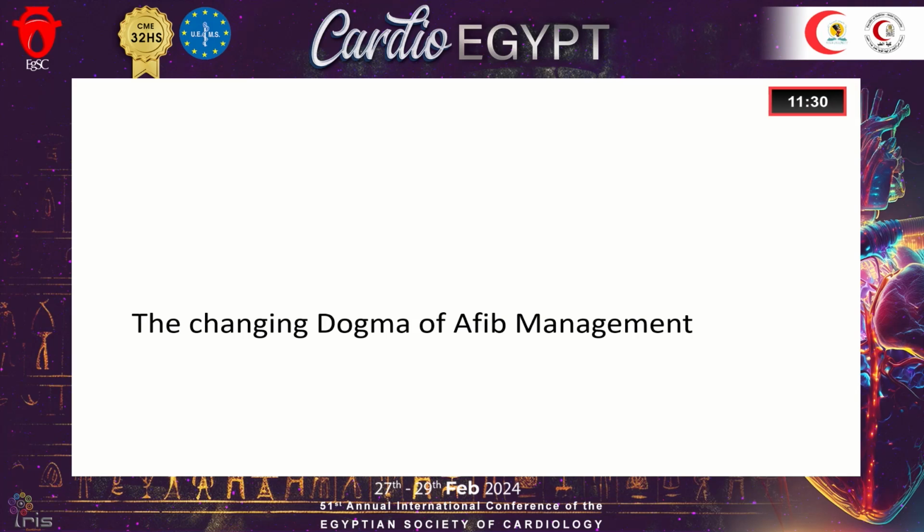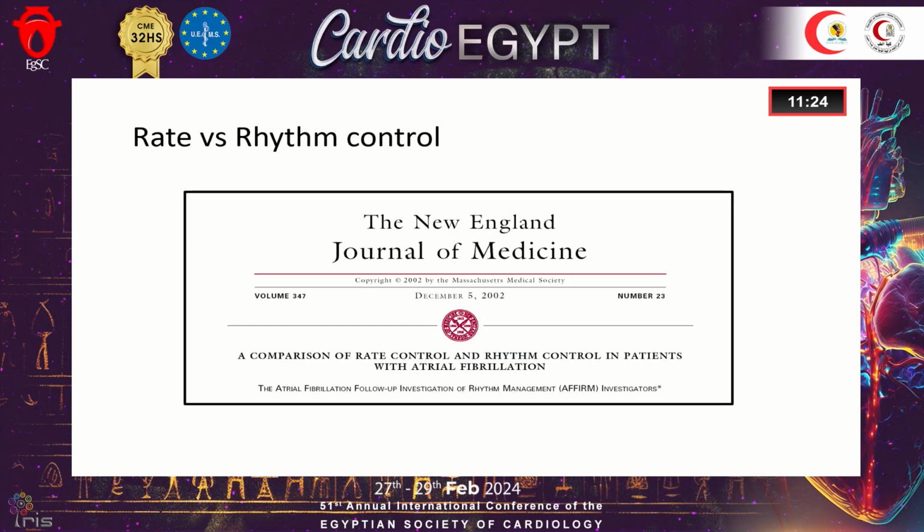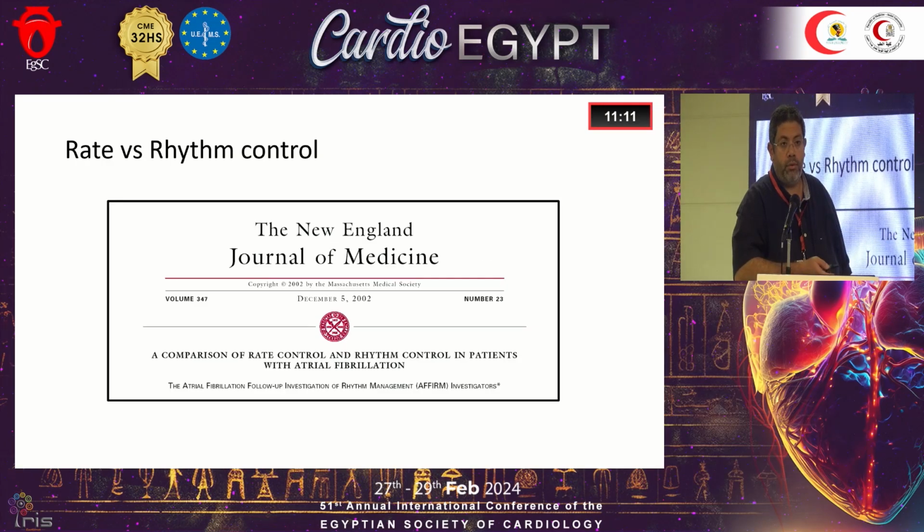So the changing dogma of atrial fibrillation. Before we know the change, we need to know what the dogma was. The dogma was based on this time-honored study published in the New England Journal of Medicine, the AFFIRM study. In the AFFIRM study, about 4,000 patients were randomized to a rhythm control strategy using antiarrhythmic drugs at that time versus a rate control strategy.